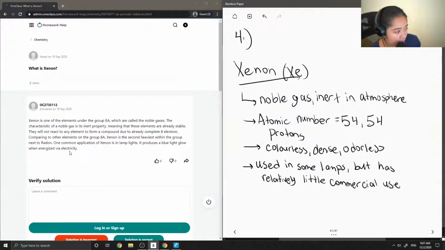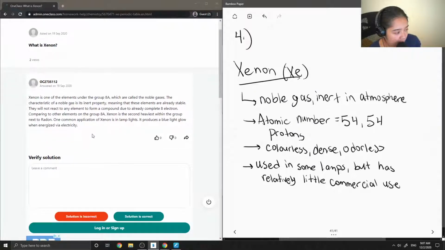So xenon is one of the elements under group 8A, which are called the noble gases. Characteristic of a noble gas is its inert property, meaning that these elements are already stable. They will not react with any element to form a compound due to already having a complete 8 electrons in its valence shell.